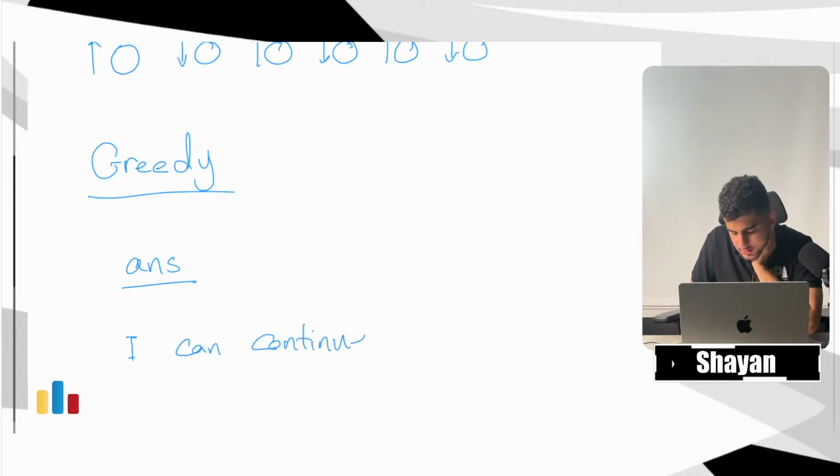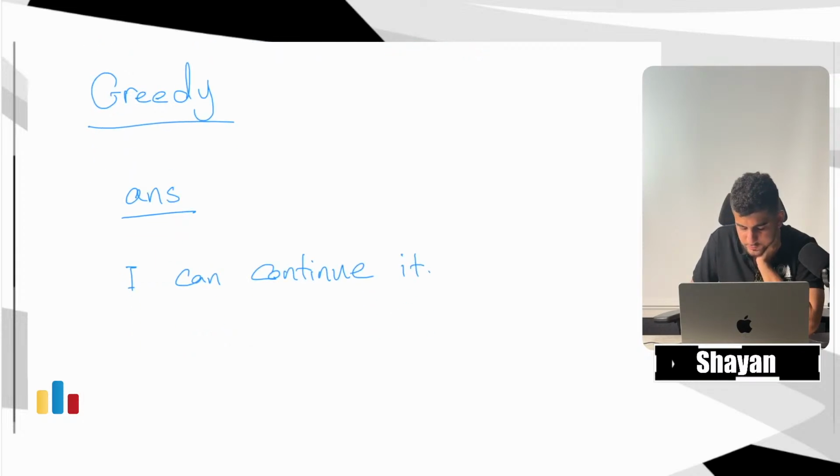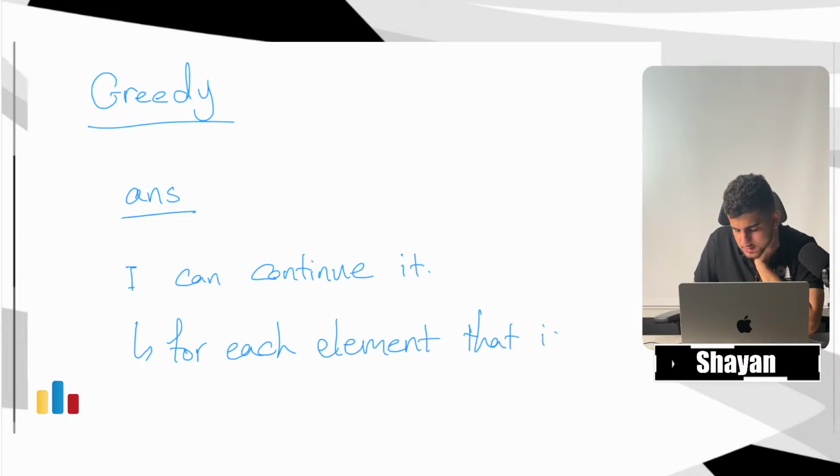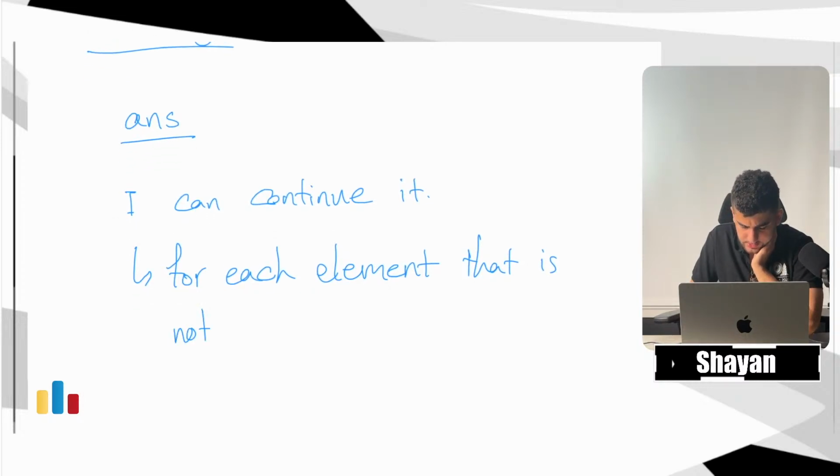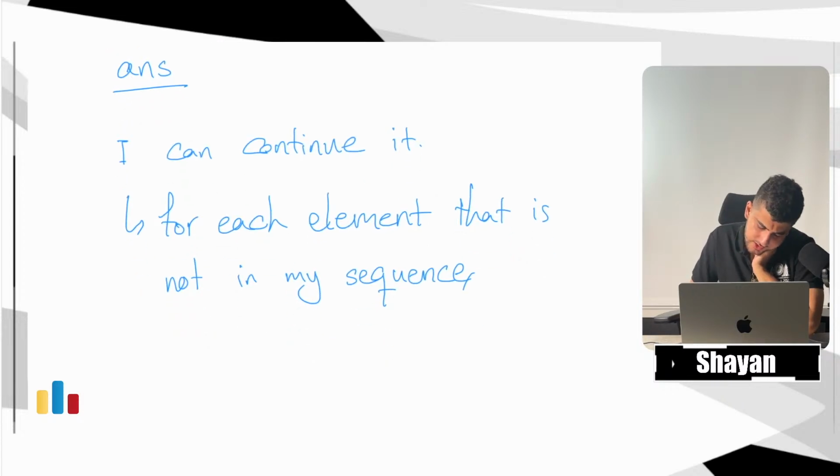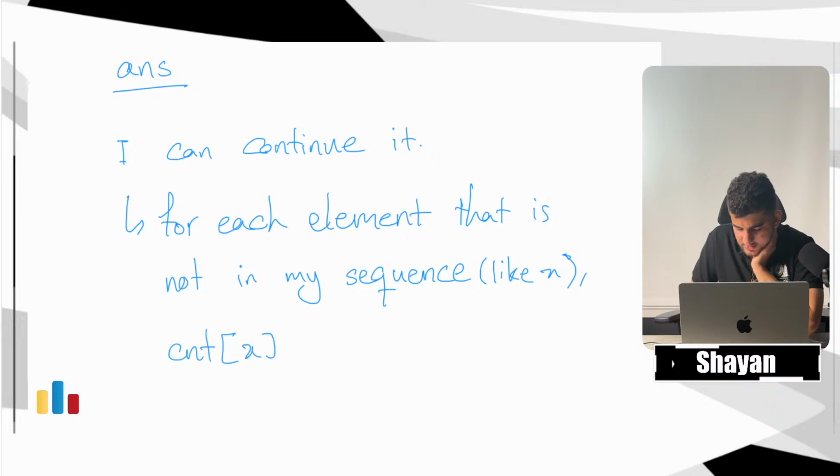By I can continue it, I mean that for each element that is not in my sequence, the count of x, the number of x's that are left, must be greater than 0.